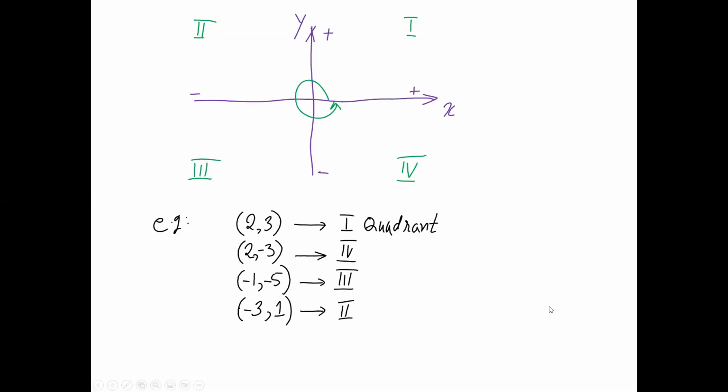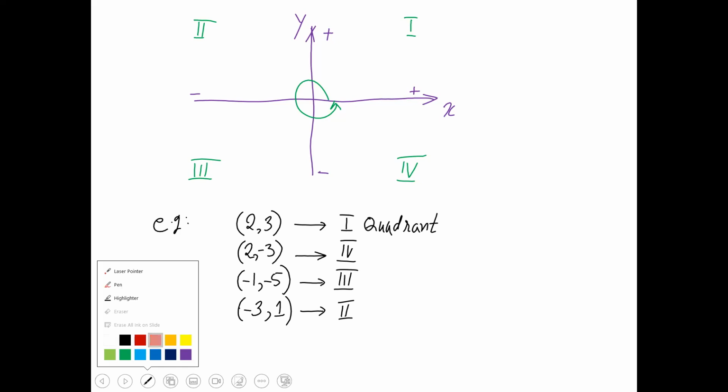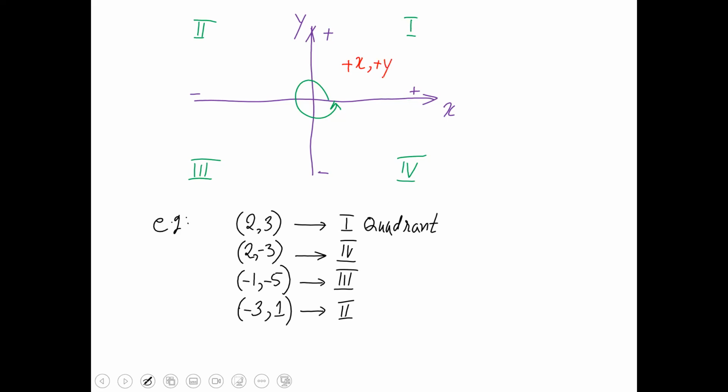So in the first quadrant, X is plus, Y is also plus. In the second quadrant, X is minus and Y is plus. In the third quadrant, X is minus and Y is also minus.